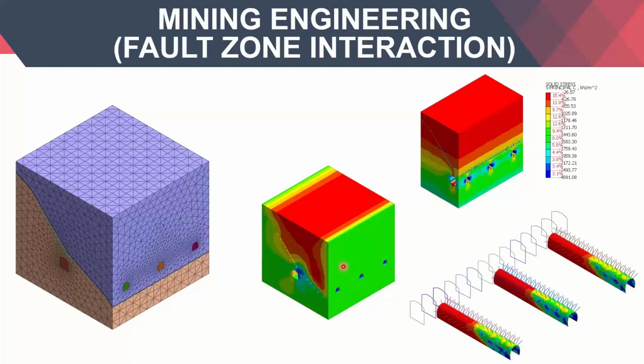The main haulage part is very competent rock, so it was only supported using steel arches and some thin shotcrete, but we did not model the shotcrete because we wanted to check for stress concentrations. Then the crosscuts: as the fault zone was crisscrossing the crosscuts, like you can see here, we know for a fact that this will be the weak zone.